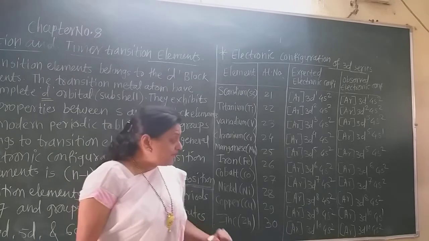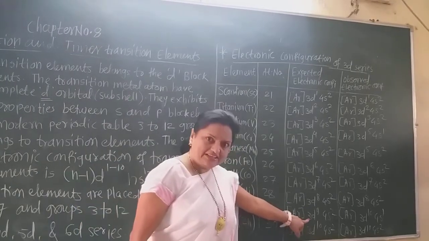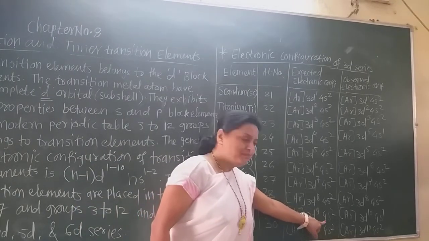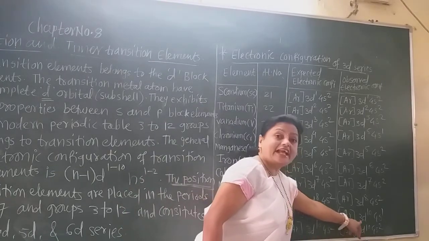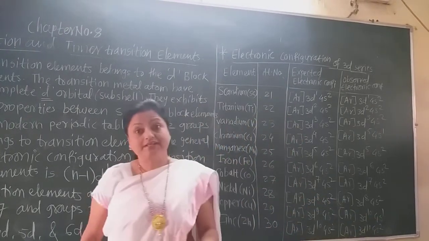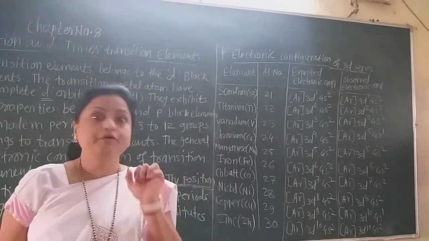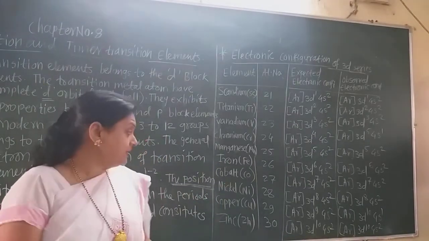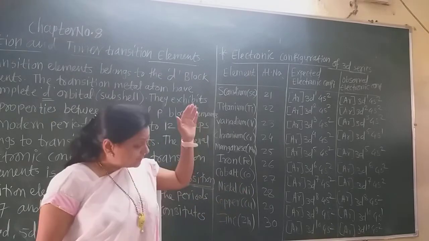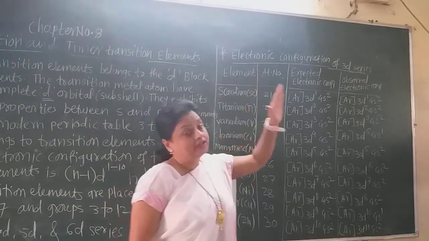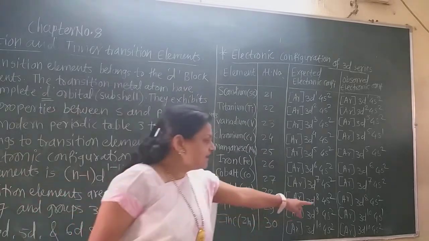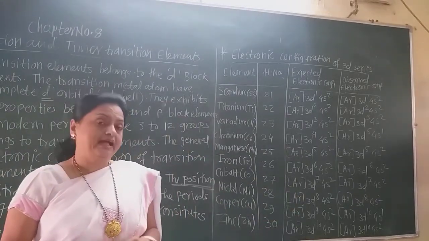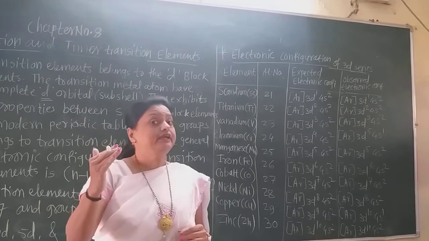Now as compared to the partially filled 3d and completely filled 4s, the completely filled 3d and half filled 4s orbital are more stable. That configuration is more stable. So in the case of copper, the expected configuration and the observed configuration are different. Now that is the correct electronic configuration, and this is about the stability of the orbitals.